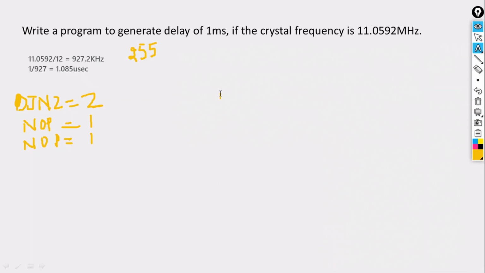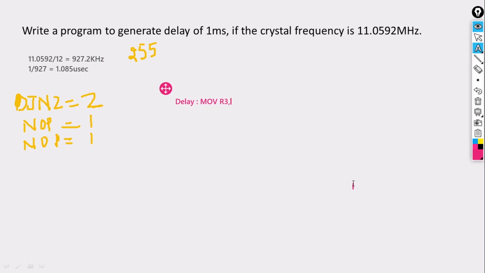Now if you look at our delay program, here I'll call delay. First I'll be moving some register R3, let me load this R3.